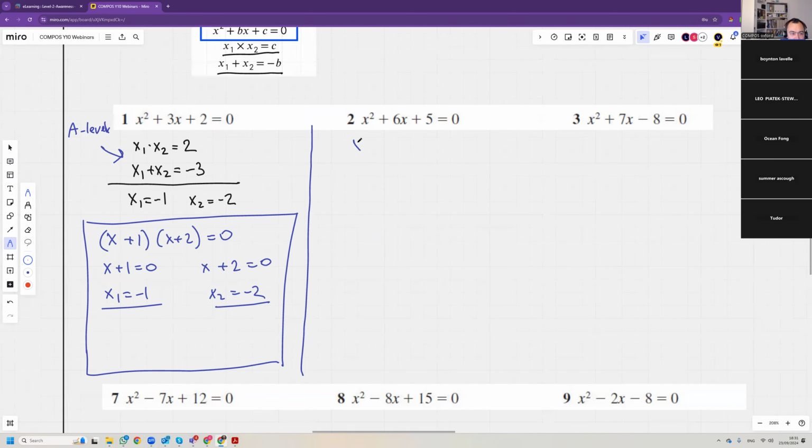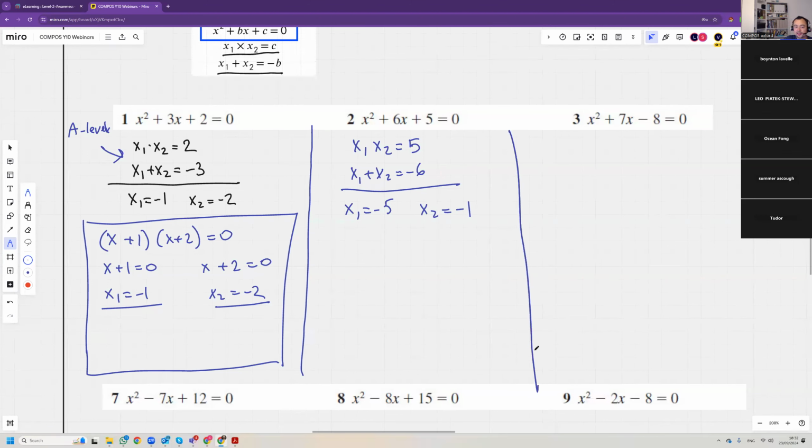So here, x1 times x2 is 5, and x1 plus x2 is minus 6. In a similar way, x1 is minus 5, and x2 is minus 1.